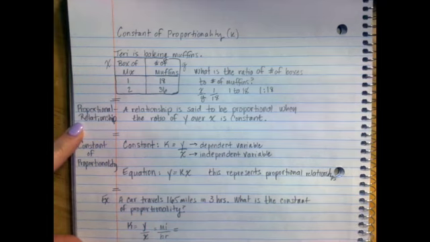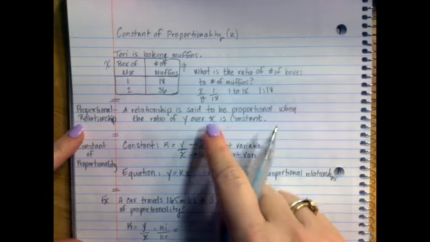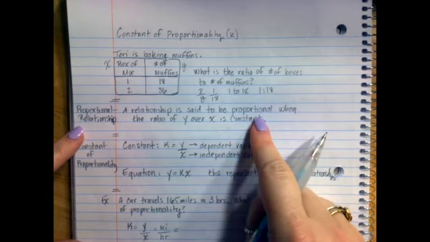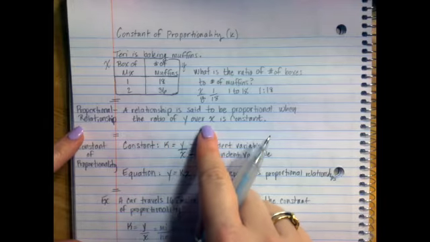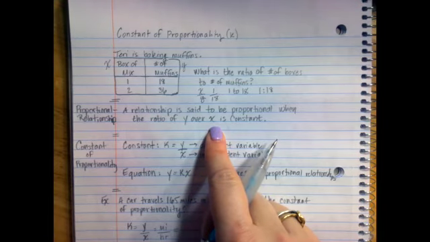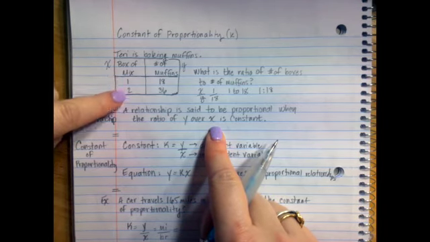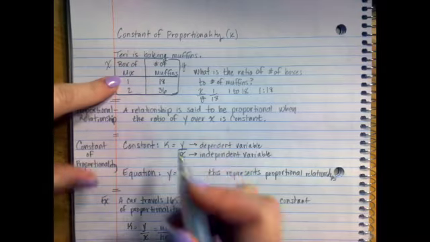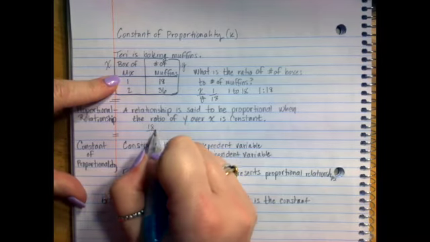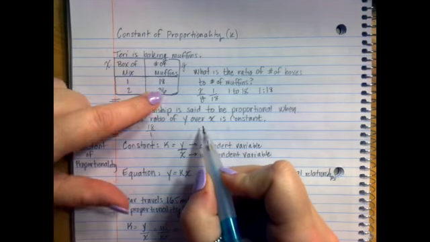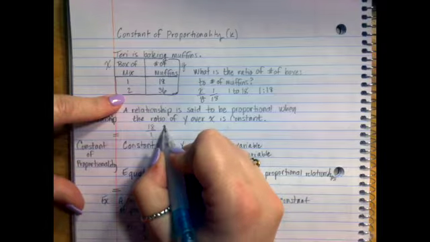Now, a relationship is said to be proportional when the ratio of y over x is constant. Take a look here. We're going to use this again. If I do y over x, that means I'm going to flip it around. I'm going to do 18 over 1, and then 36 over 2.